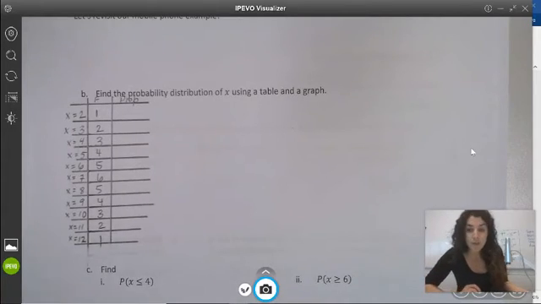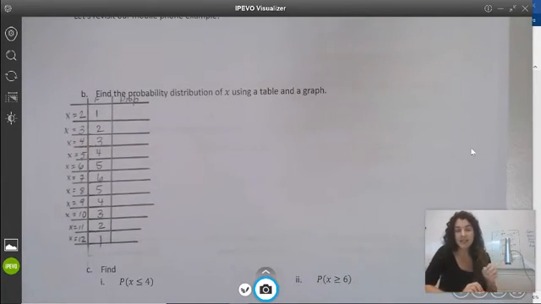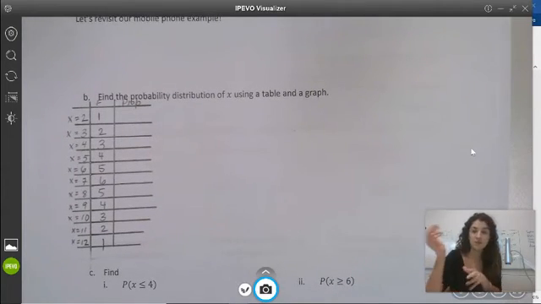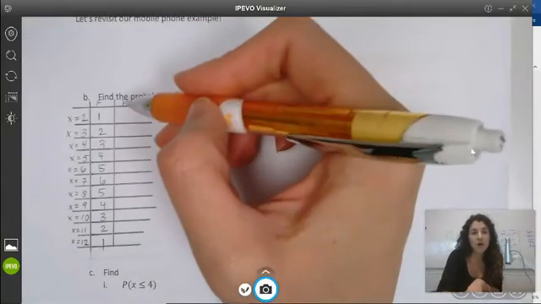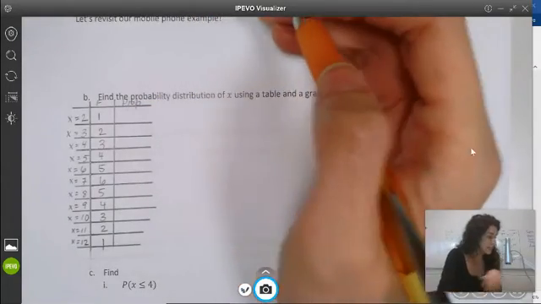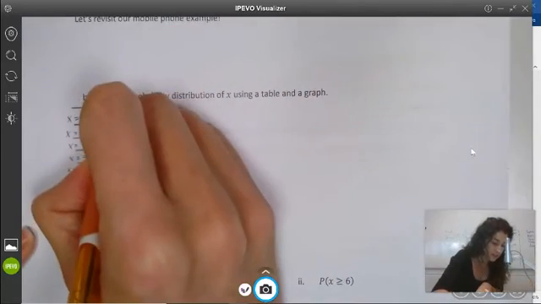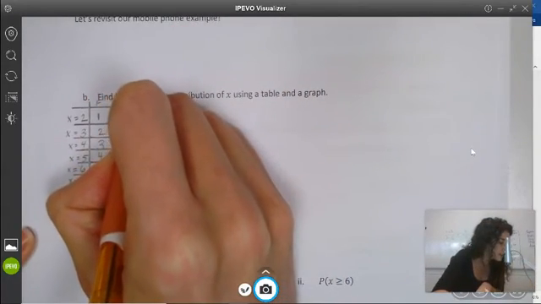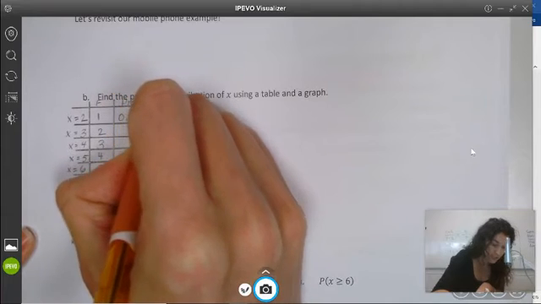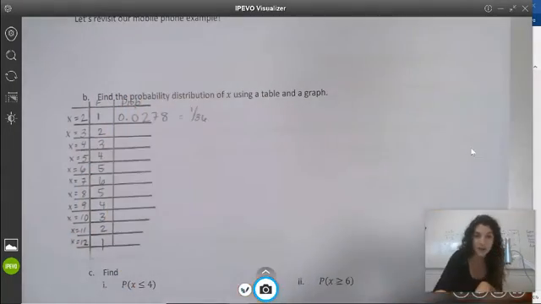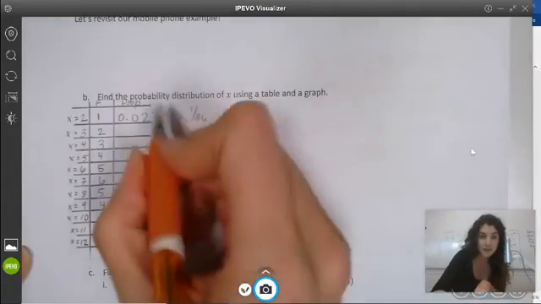So then if we wanted to know the probability distribution, we then need to take each of these frequencies and turn it into a relative frequency. In other words, find the probability mass distribution. So 1 divided by 36 ends up being 0.0278, and that's equal to 1 divided by 36, right?